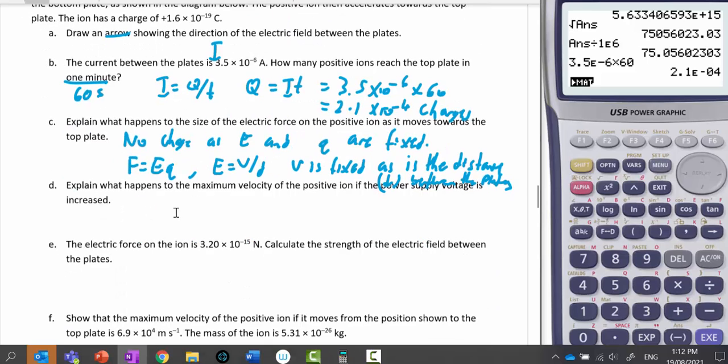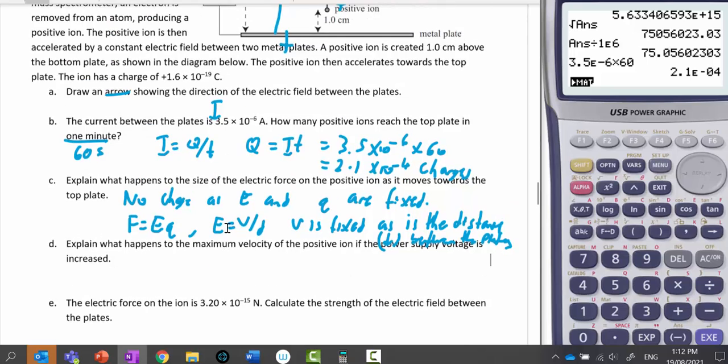When we come down to look at D, explain what happens to the maximum velocity of the positive ion if the power supply voltage is increased.